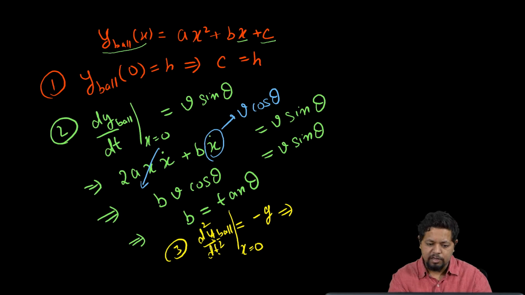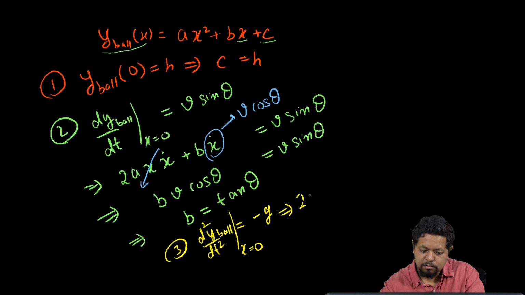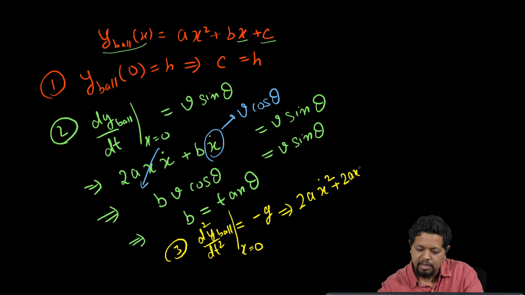We already have calculated dy by dt as 2a x x dot plus b x dot. Taking another derivative of that, we get 2a x dot square plus 2a x x double dot plus b x double dot equal to minus g.